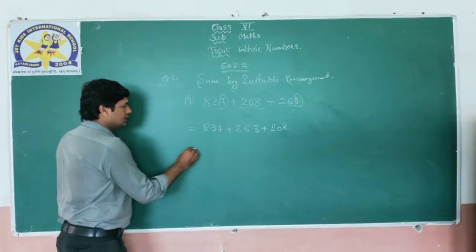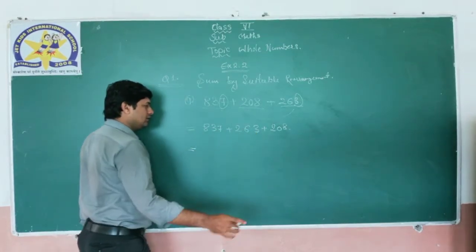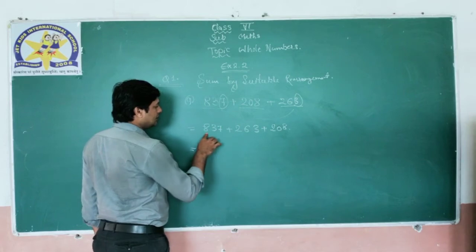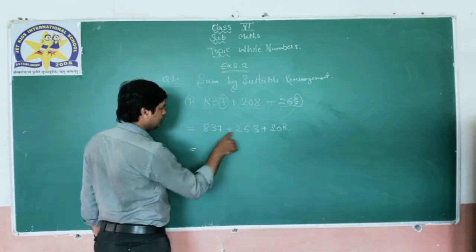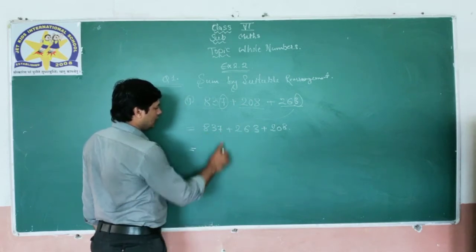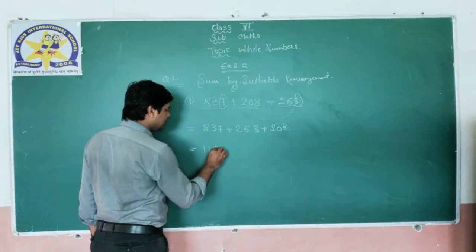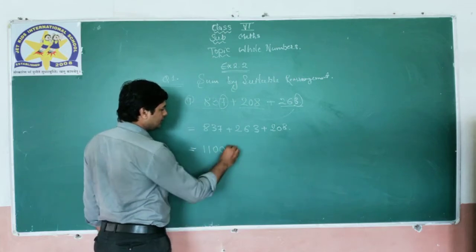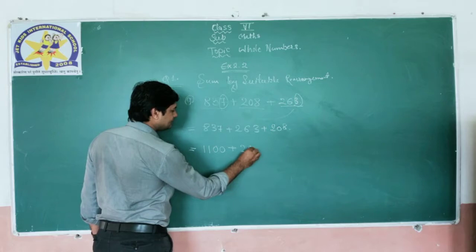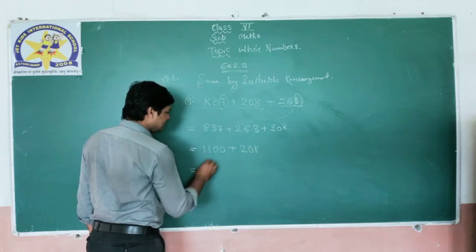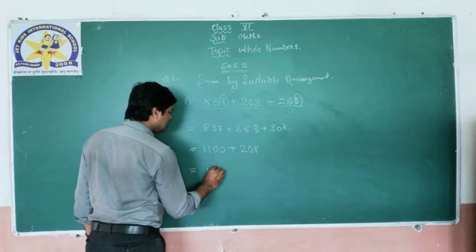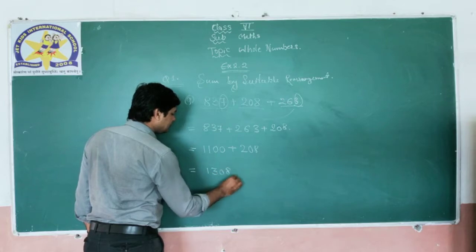Here 37 and 63 is equal to 100, 800 and 200 is 1000, and this is 100. That means 1100, plus 208 is equal to, very simple, 1308.